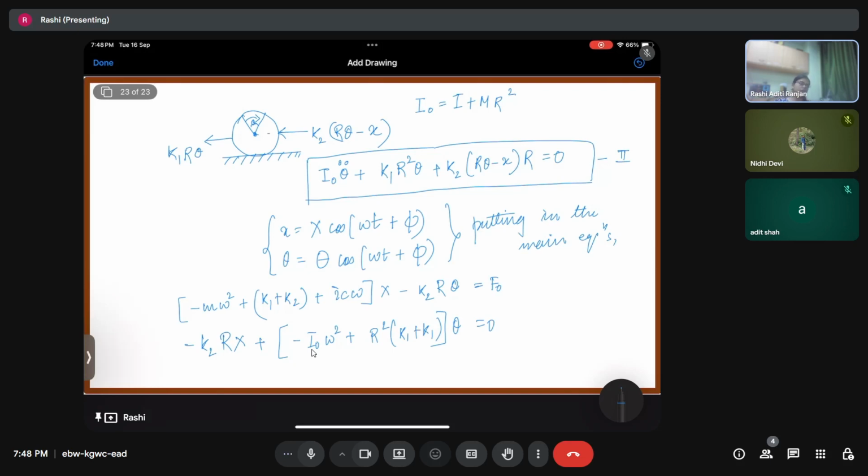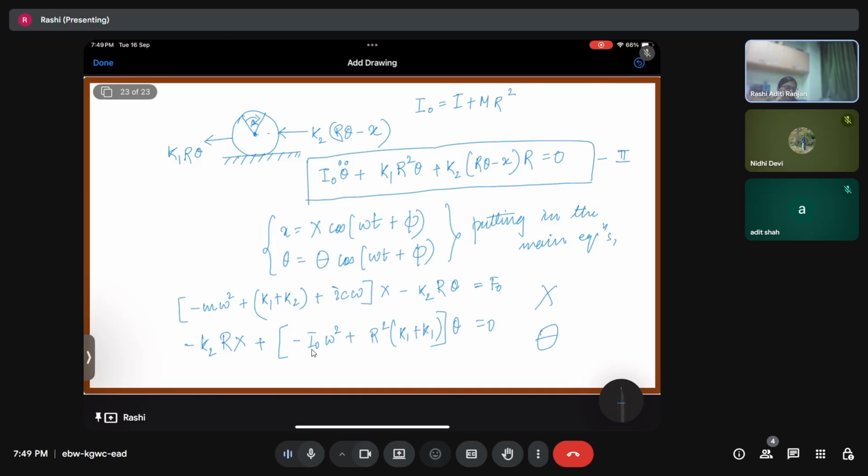So using these equations, we can find the solution with some algebraic manipulations, which I'm not getting into because there is not much time remaining in the class. Doing all the algebraic manipulations, we are going to get the equations for x and theta.